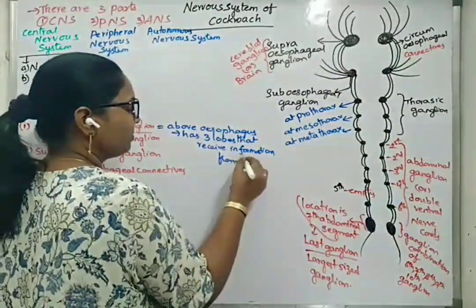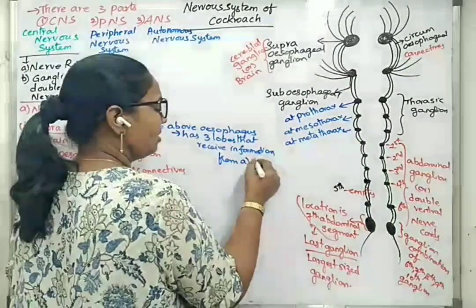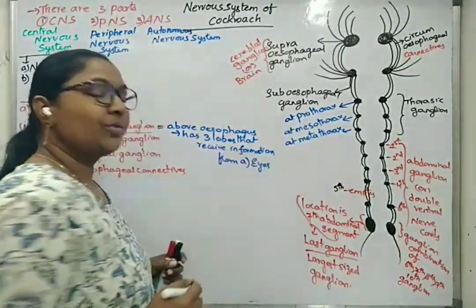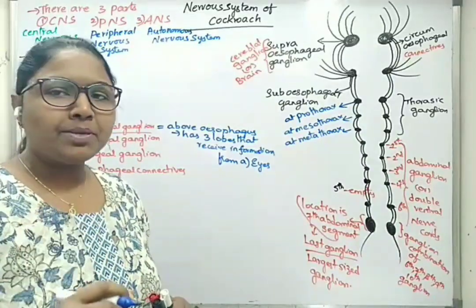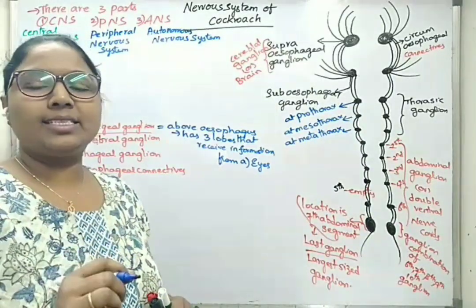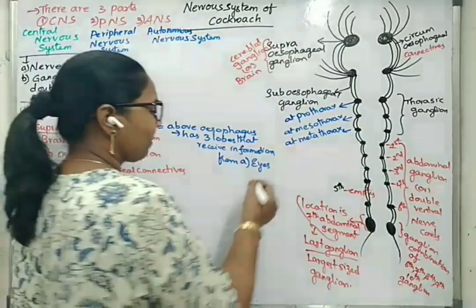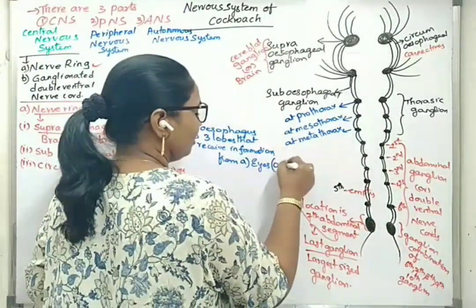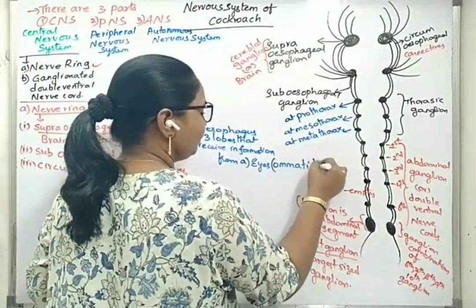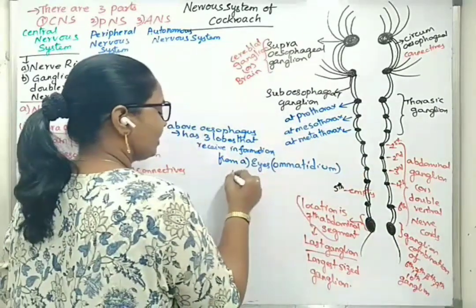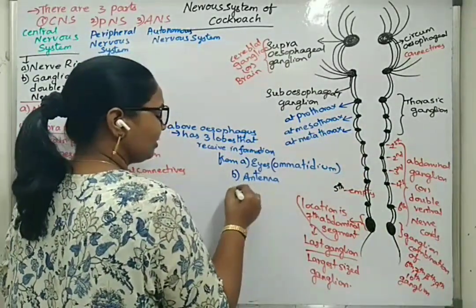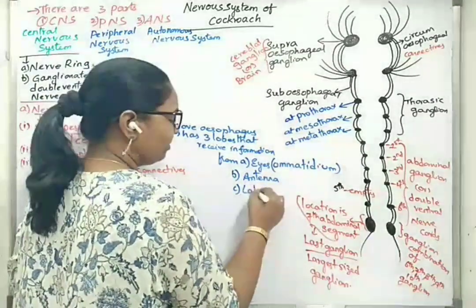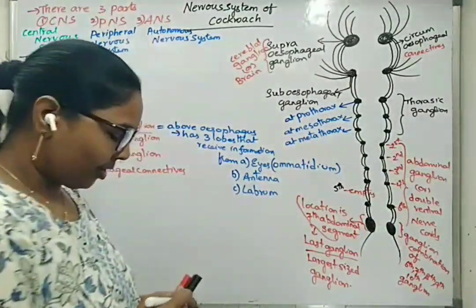In case of cockroach, eyes are compound eyes. Eyes have simple structures and each eye unit is termed an ommatidium. Second one, antenna. Third one, labrum, which is also called upper lip.